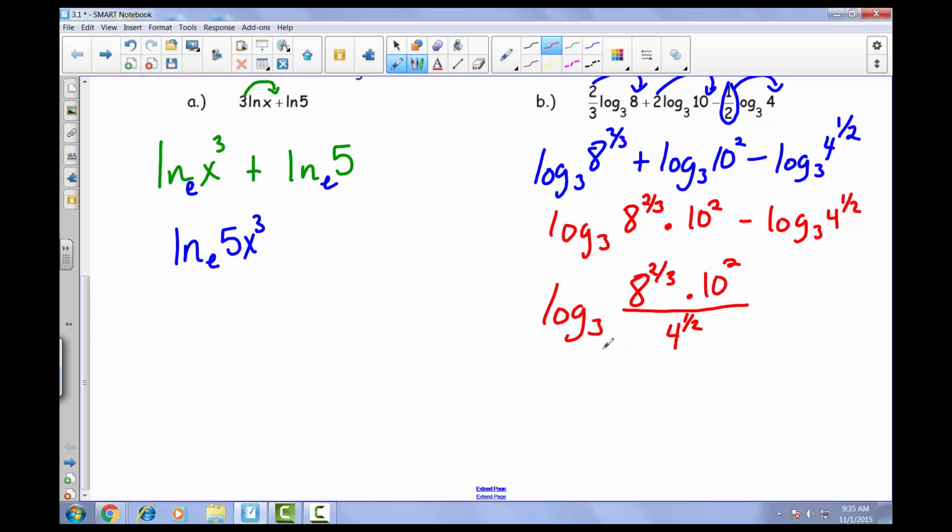When we want to simplify this further, 8 raised to the 2/3 just comes out to be 4. And then 10 squared is 100. On the bottom, 4 raised to the 1/2 is just taking the square root of 4, so that comes out to be 2.